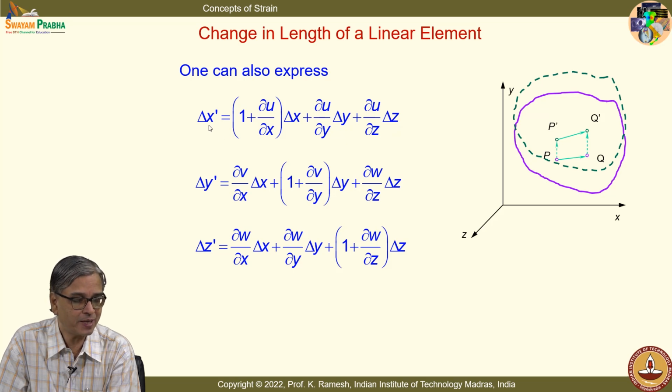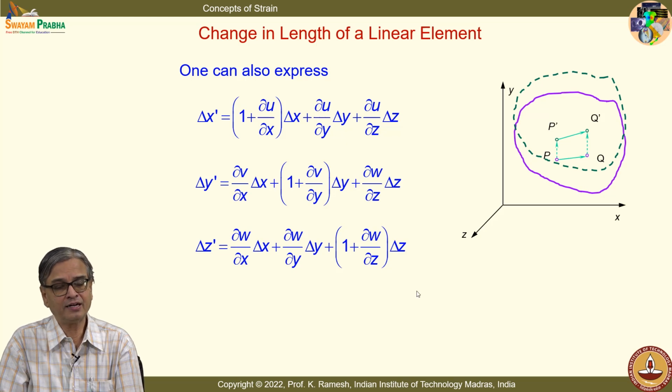So, delta x prime is nothing but delta x plus delta u. So, when I have delta y prime, I have 1 plus dou v by dou y delta y. In the case of z, I get 1 plus dou w by dou z delta z.